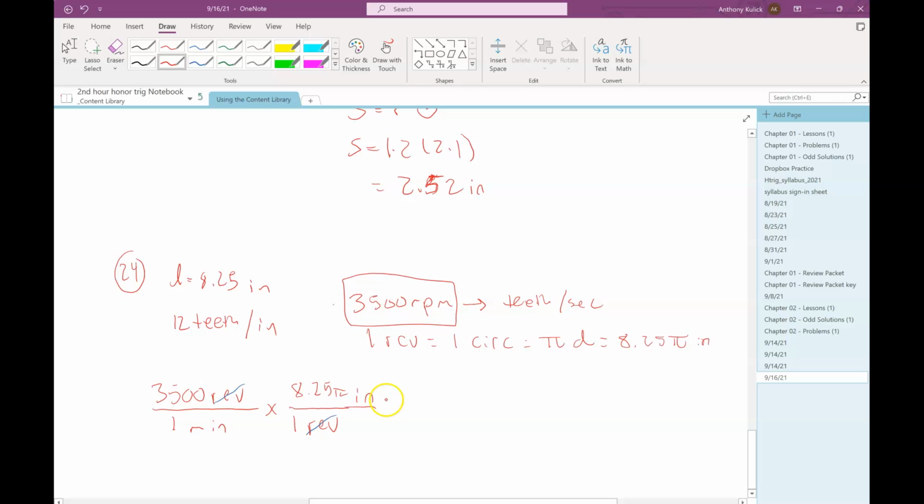The next thing I need is to try to get this into teeth. First, I need to convert minutes into seconds. It doesn't matter when I do this, but at some point I need to.